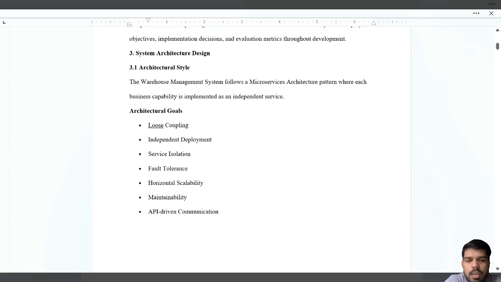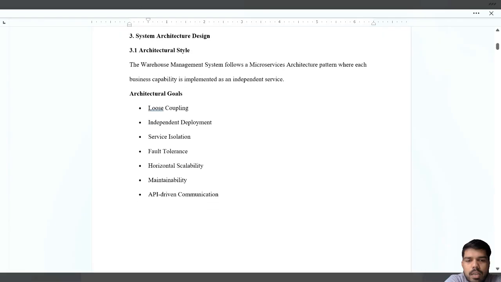Going to the system architecture design. First is the architecture style. Instead of one large application, the system is divided into multiple smaller services.